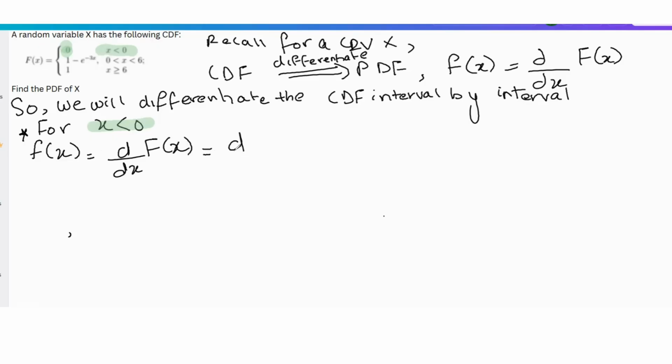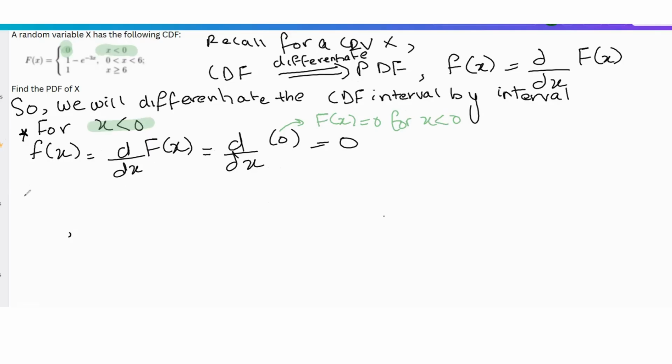And we know the CDF value for x less than 0 is just 0. So essentially, F(x) is equal to 0 for x less than 0. And the derivative of any constant is just 0.